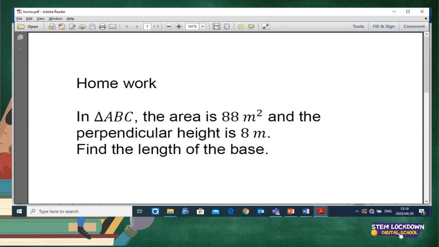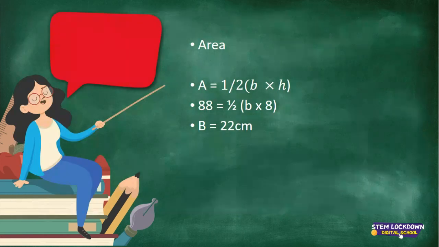And how are you going to find the base? We should know at this point that the area of a triangle is given by the formula, as you can see on the board. That is half of the base multiplied by the height.